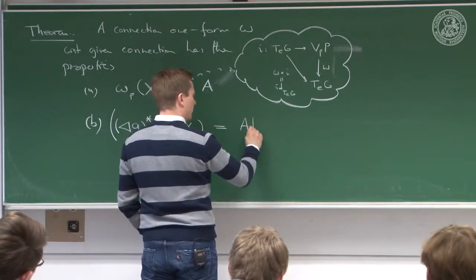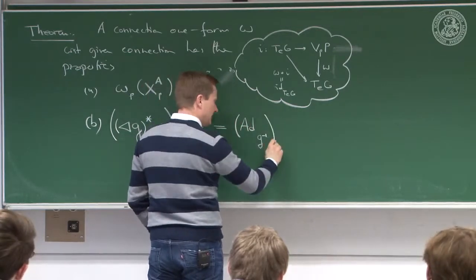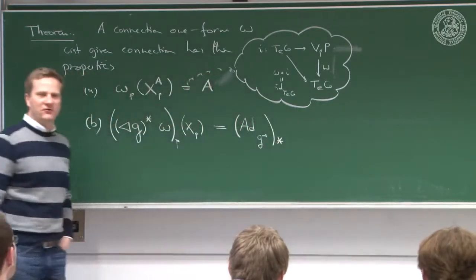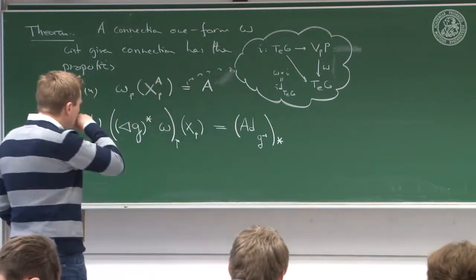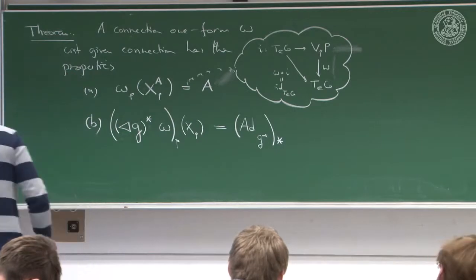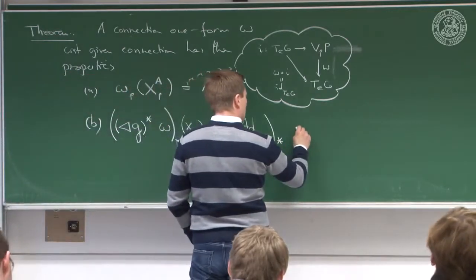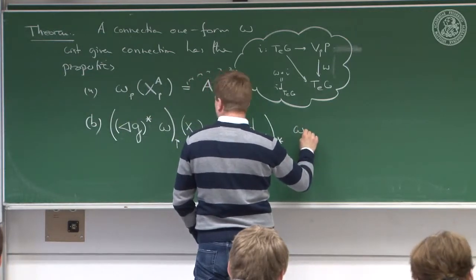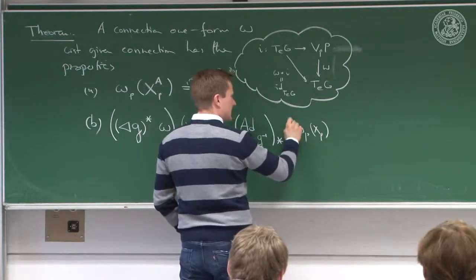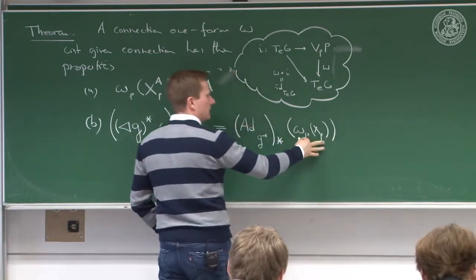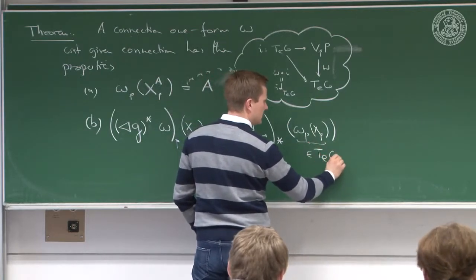It's the push forward of the adjoint of the inverse of g, because it acts on omega_P of X_P, which is a Lie algebra element, so this lies in T_eG.